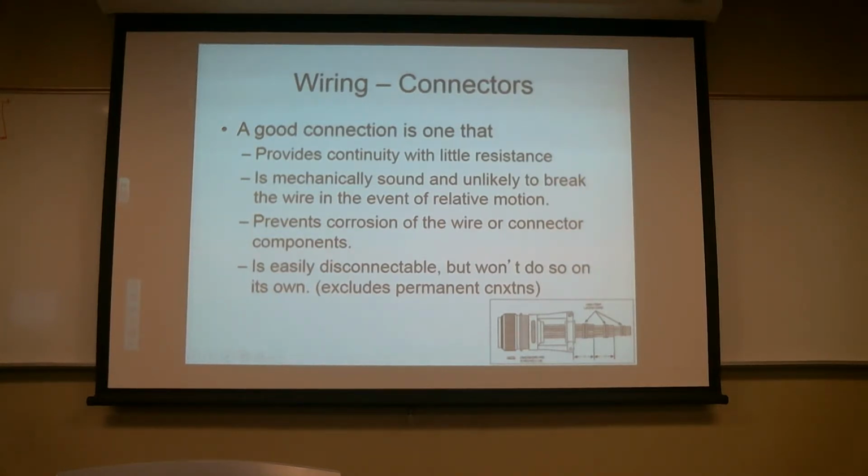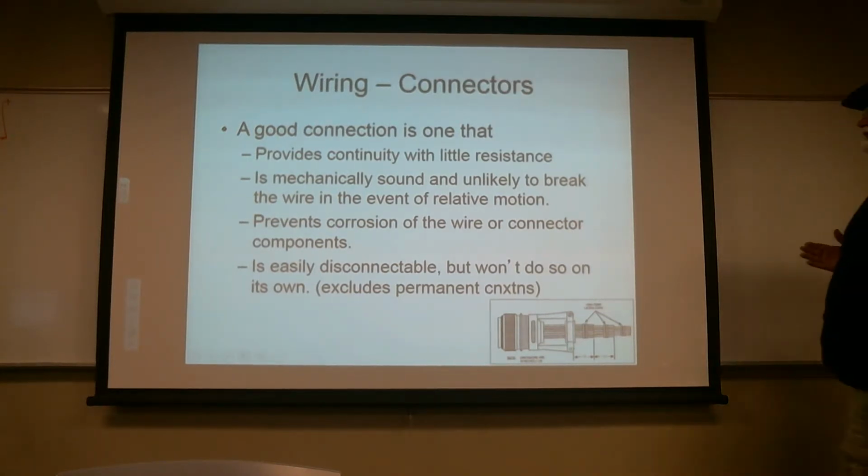It's a different alloy. Now, we may tin plate it, or we may gold plate it, or we may do other things to it. And we're going to put it all together, and then we're going to shove it into another connector that may be the same or may not. But at the end of the day, I'm going to have a variety of different metals and different alloys. So the mere fact that we broke the wire and put a connector there is going to add some resistance that wouldn't have been there if the wire was just a straight wire going through. So we're going to reduce that as much as possible.